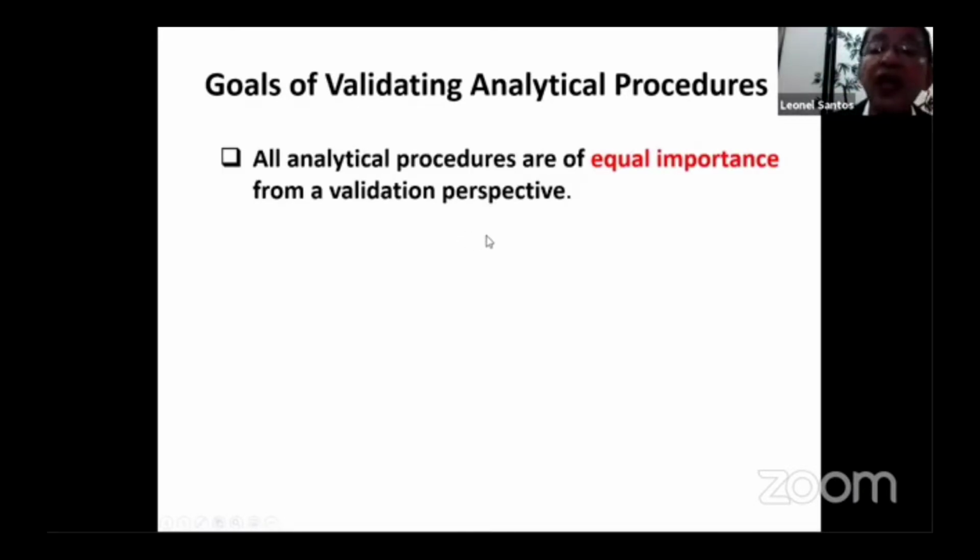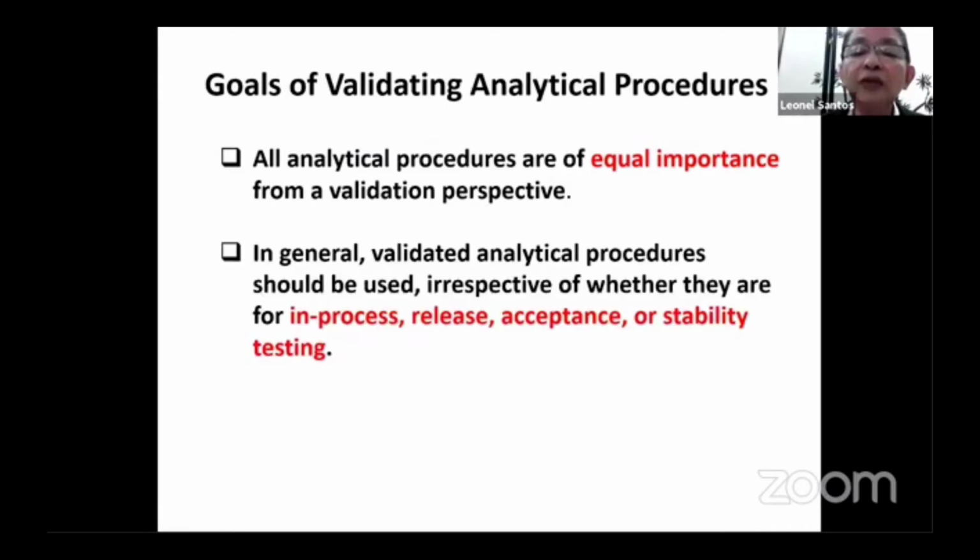Analytical procedures are of equal importance, meaning whether you are developing and validating a method for identification, or for assay, or for organic impurities, all of these have equal importance because they are intended to perform a specific function.